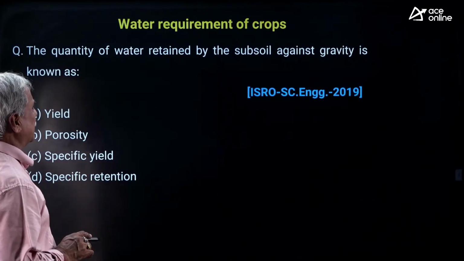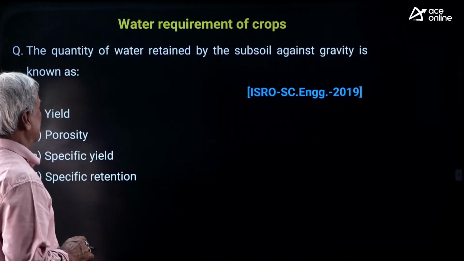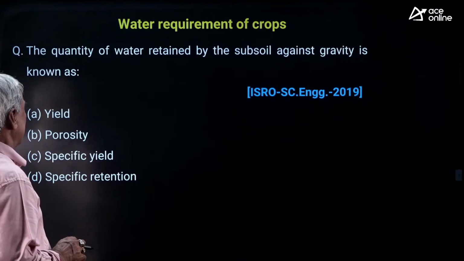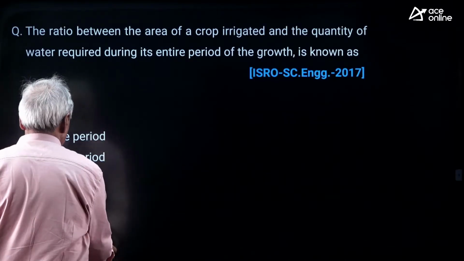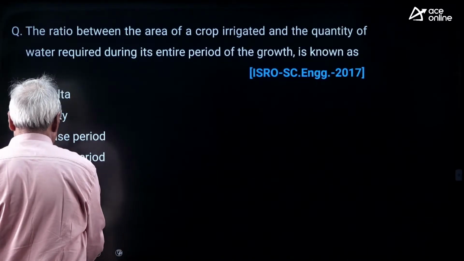The quantity of water retained by the subsoil against gravity is dash. Obtainable water is specific yield.